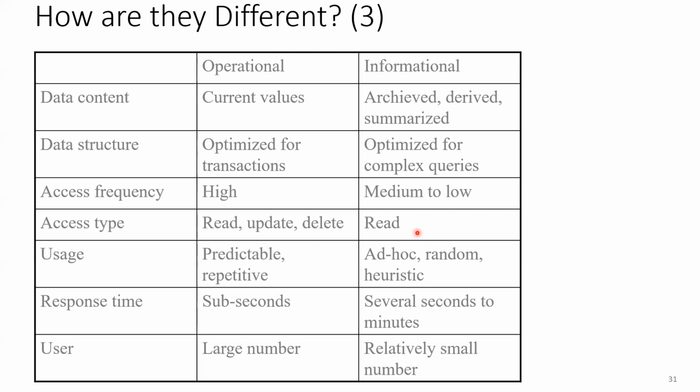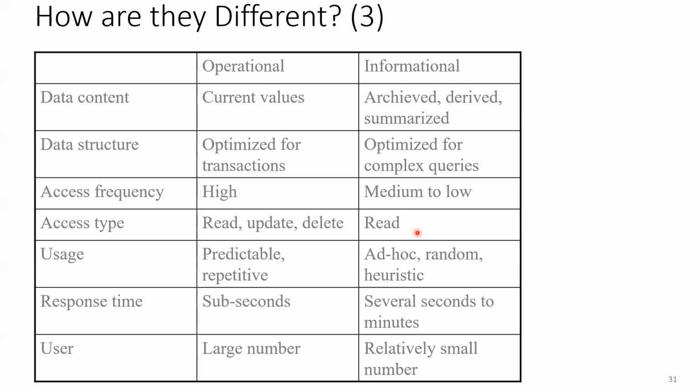So I was talking about users being a large number. As a Facebook user, for example, or Twitter user, they are accessing the database. When you tweet something, it goes into the operational database. Remember, when you tweet something, or click on reply, like a tweet, or share your tweet, all this information is about the operational database.